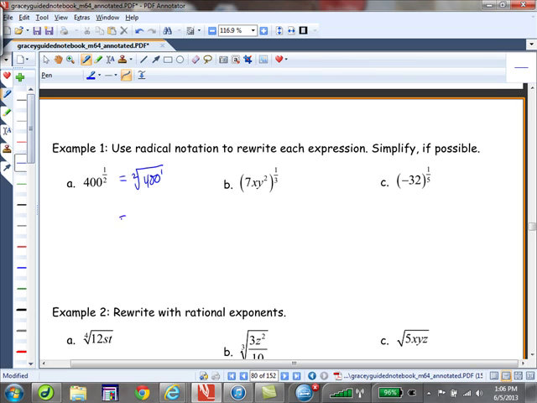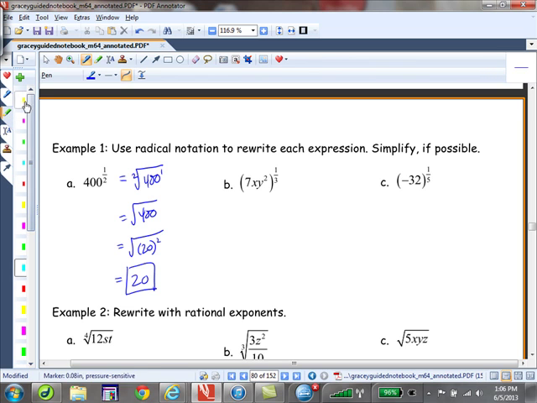This just means the square root of 400, which is the square root of 20 squared, which gives us a result of 20. So we were able to simplify that one. And remember, this was power over root.